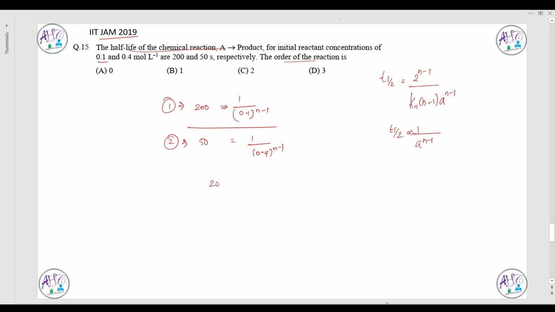So if you rearrange, this is going to be 200 by 50, which is going to be 0.4 by 0.1 whole power n minus 1. So this will be 4 power 1 is equal to 4 power n minus 1. So n minus 1 equal to 1. So n is equal to 2. So the order of the reaction is 2.